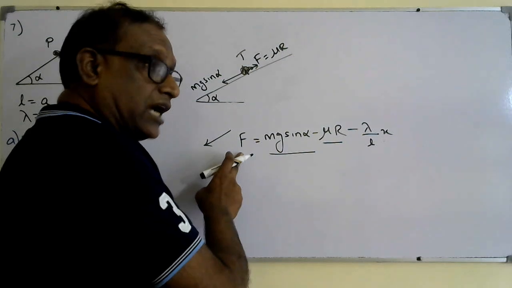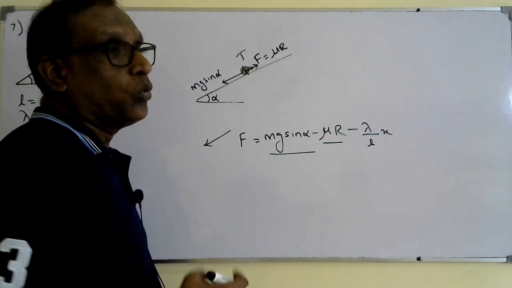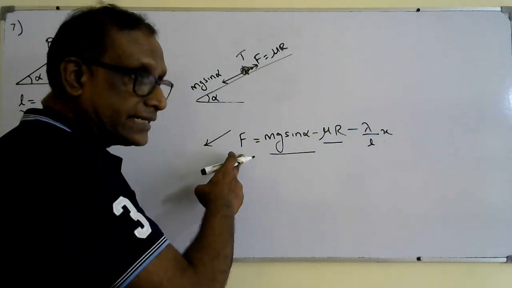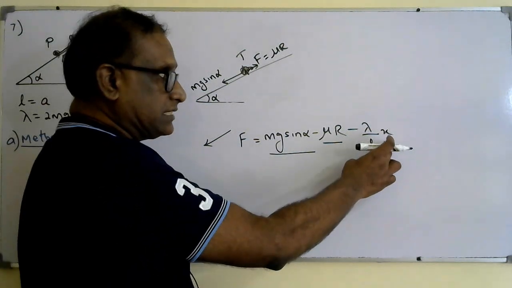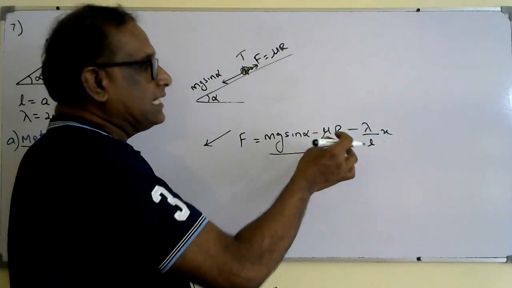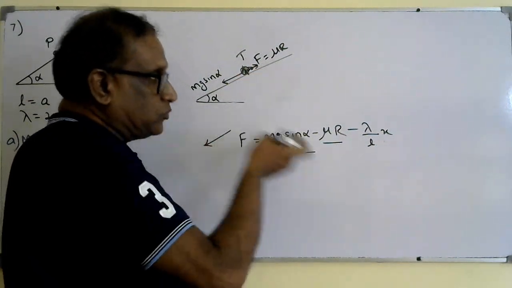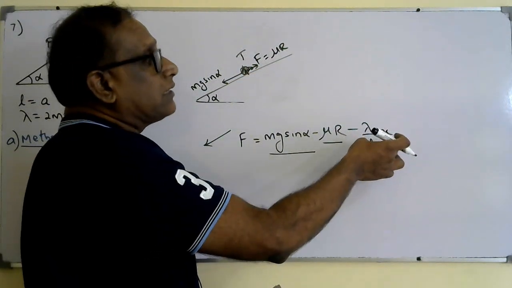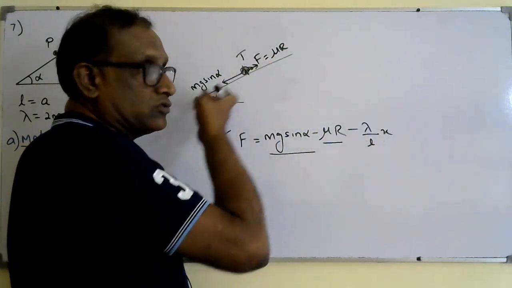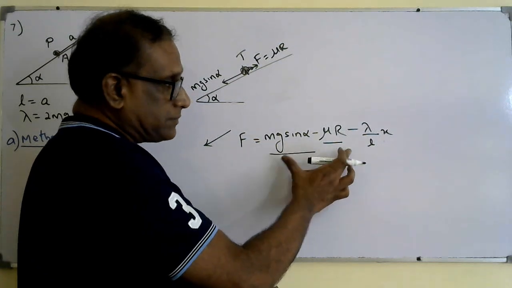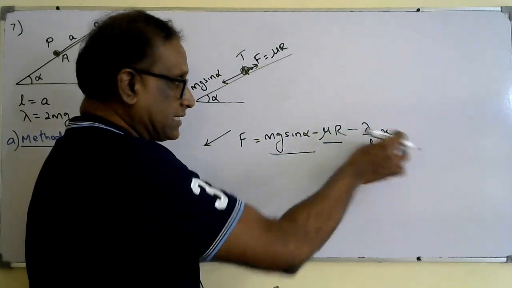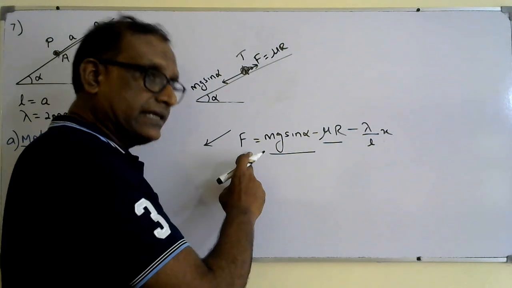So the downward acceleration will decrease, or the downward resultant force will decrease. Initially, at the moment it was released, x equals 0, and at the moment of release, friction is also not there. When it starts to move, there will be friction, but the extension will increase when it moves further down. Anyway, this quantity mg sin alpha minus mu R remains constant. When x increases, the downward resultant force will decrease.